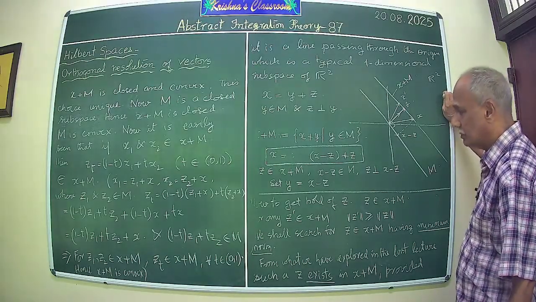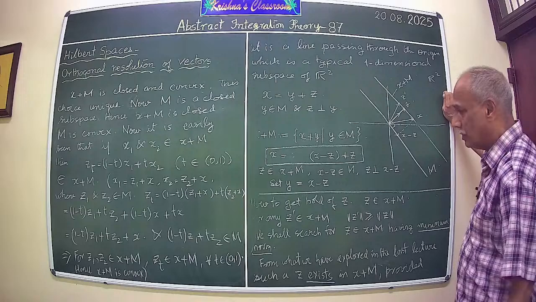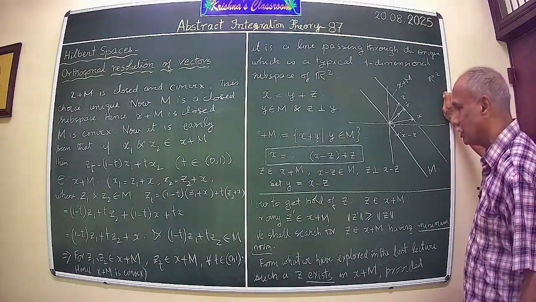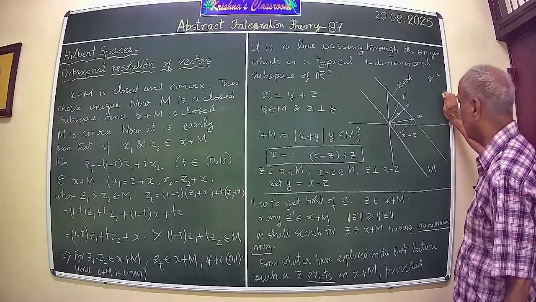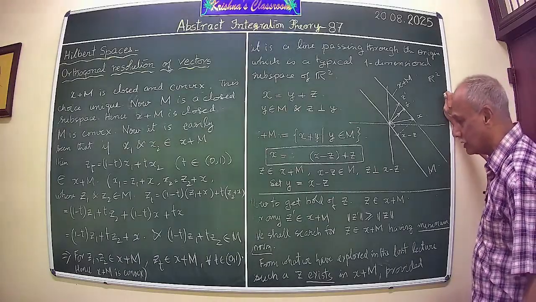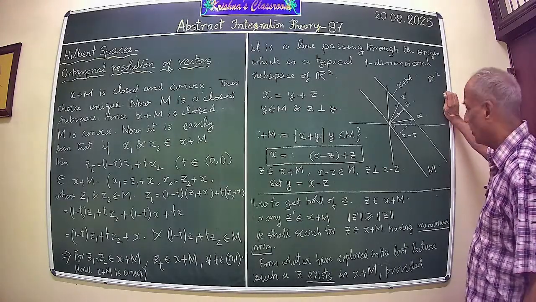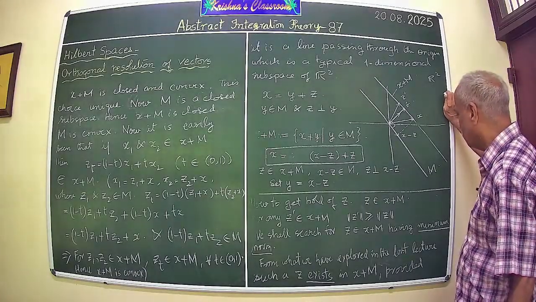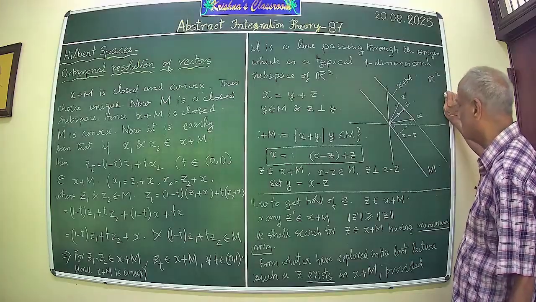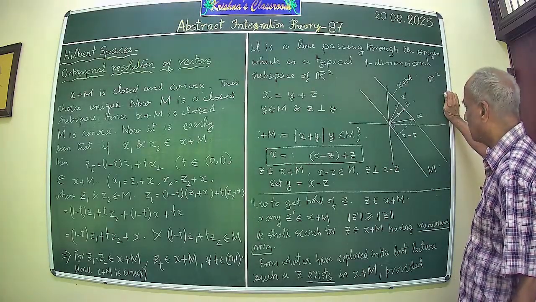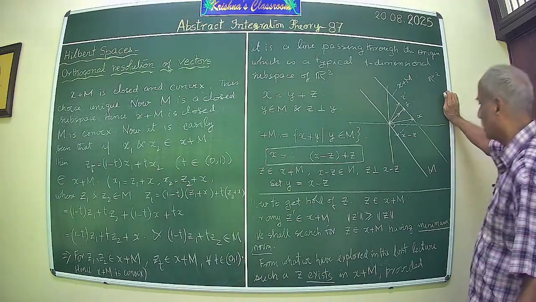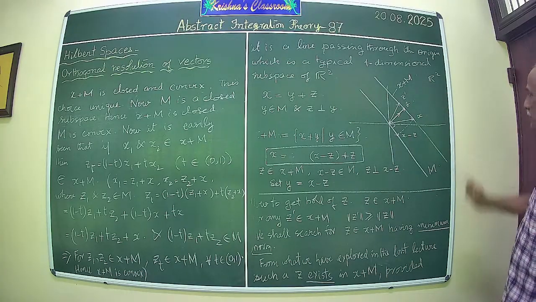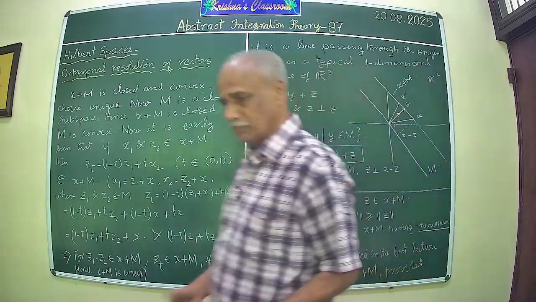Now take the limit. Okay. Take the limit. See that x plus yn converges to x plus y, where y belongs to m. Okay, yn converges to y belonging to m. Therefore, x plus yn converges to x plus y belonging to this x plus m. That's the proof.